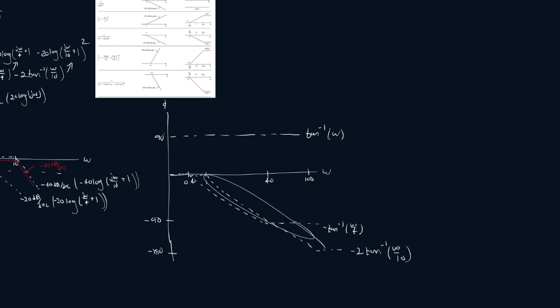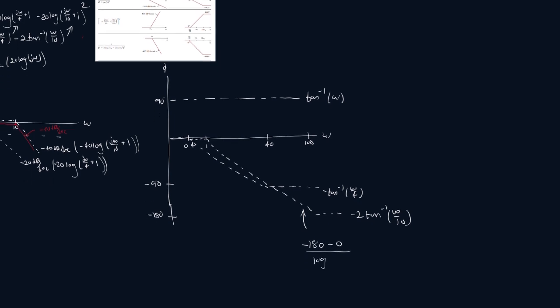Now let's find the slope of this and this. So the slope of this one is going to be minus 180 minus 0 all over log of 100 over 1. Okay, remember we wanted it in degrees per decade, not degrees per radians per second. So that gives me minus 90 degrees per decade.